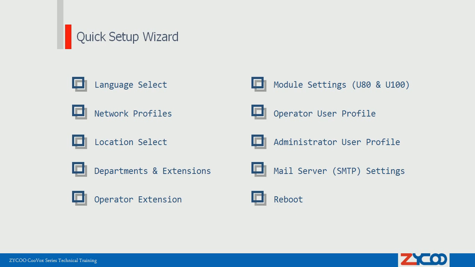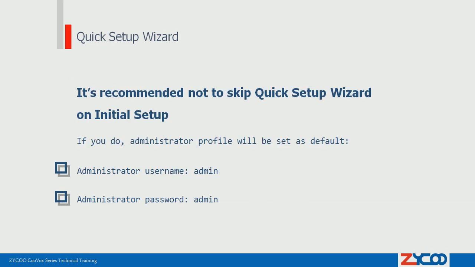And it will guarantee you that you will not miss any important settings, which will affect the stability and the performances. So, it's recommended not to skip it on the new system initial setup.